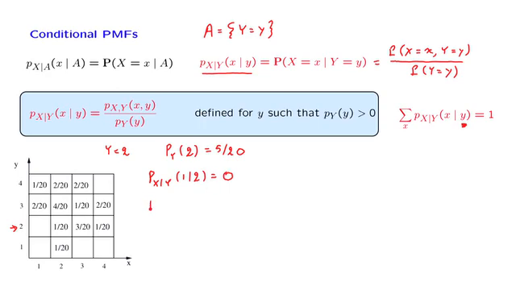We can find the next entry, the probability of x taking the value of 2, given that y takes the value of 2, will be this entry 1/20 divided by 5/20, so it's going to be 1/5. And we can continue with the other two entries, and we can actually even plot the result once we are done. And what we have is that at 1 we have a probability of 0, at 2, we have a probability of 1/5.